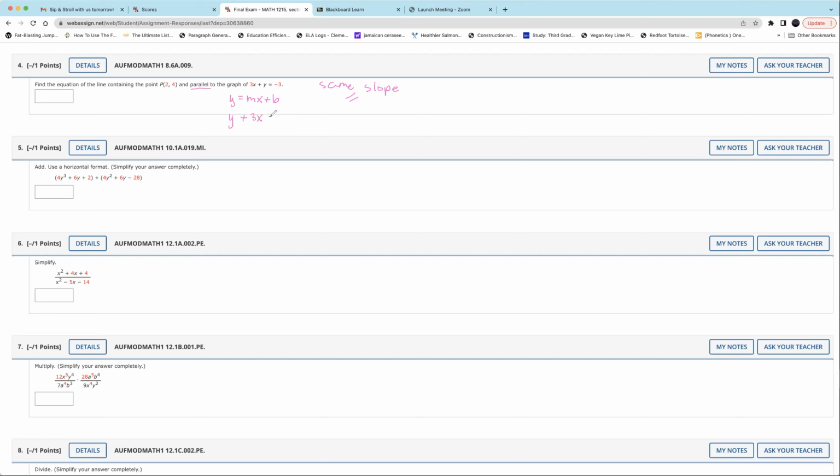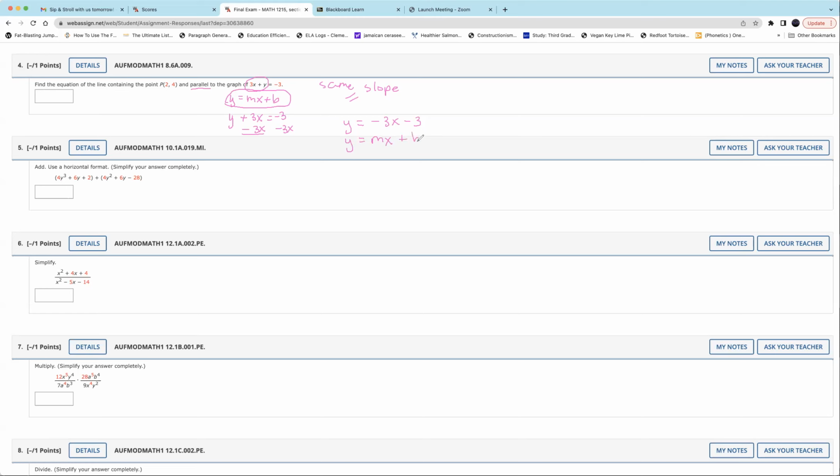So y plus 3x equals negative 2. I just moved around what was here, and now I'm going to take the 3x to the other side, because I want it in that same format, y equals mx plus b. So y equals negative 3x minus 2.